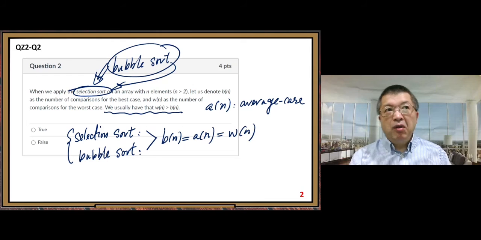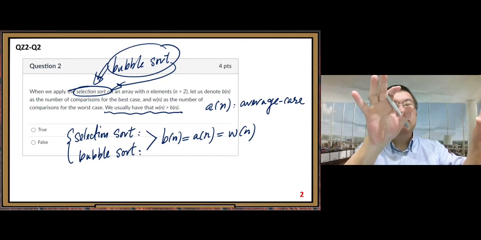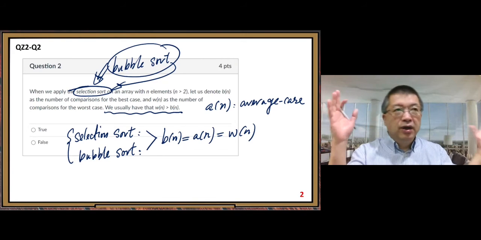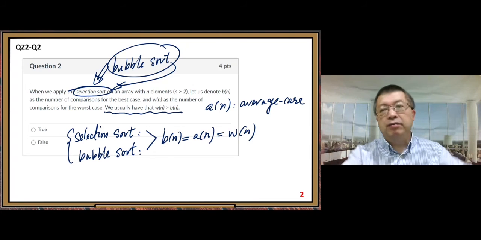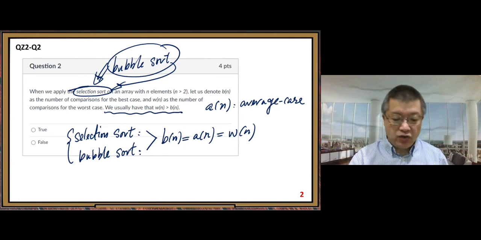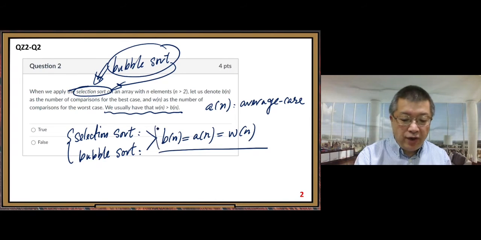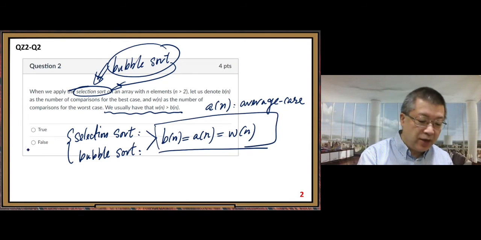Because when you implement the algorithm, you have only one choice to do. From beginning to end, you do not have other options. You only have one way to go. So for the one option case, all these numbers are the same. So the answer is false.